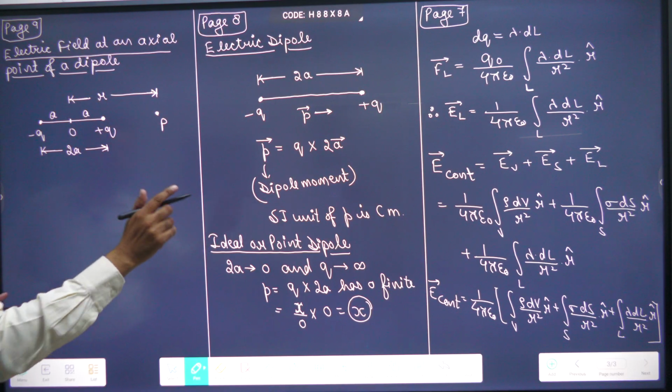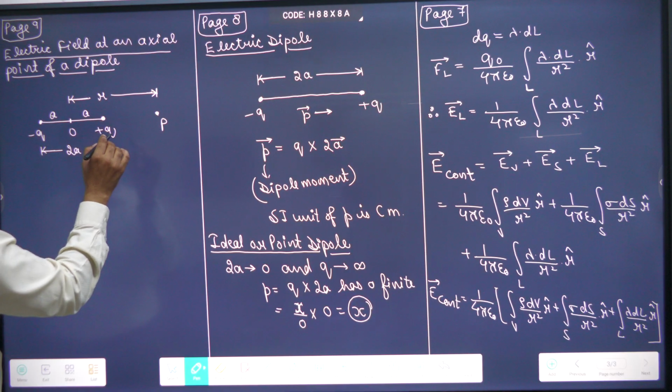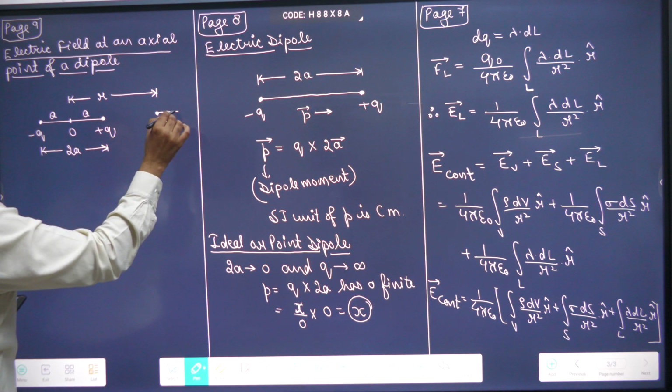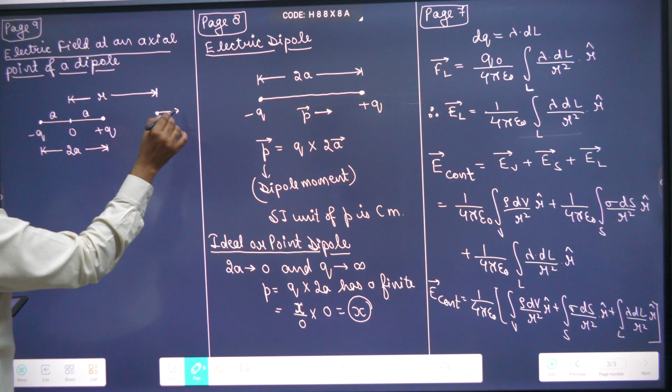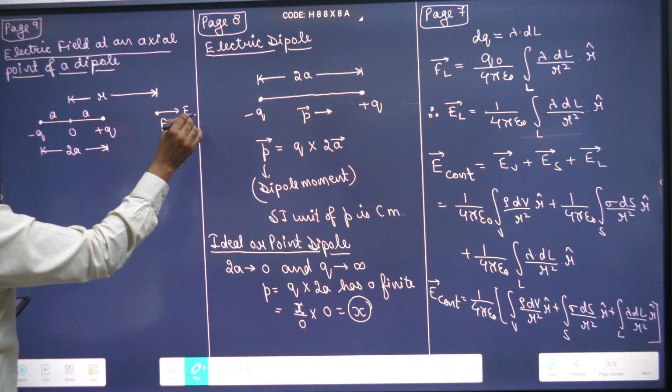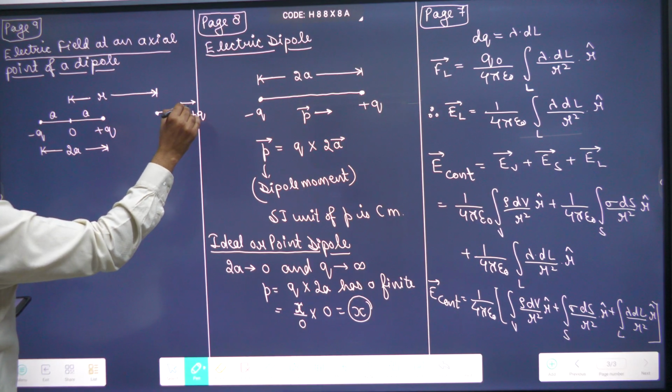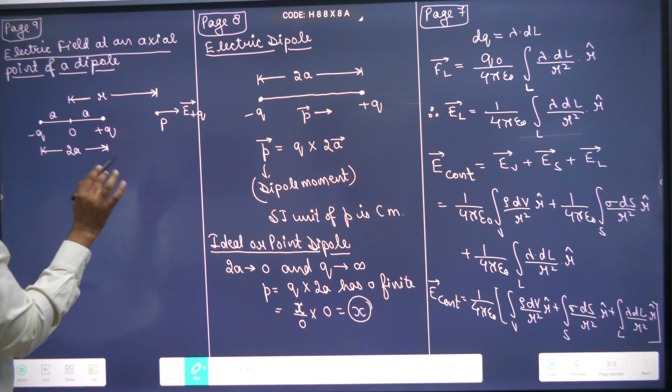Positive is going to repel positive charge. So this is E plus Q, the electric field due to this plus Q charge.